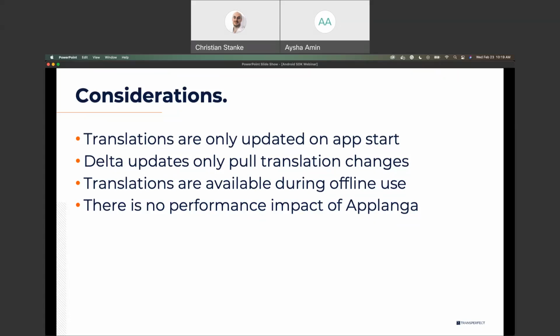To further explain what I mean, translation updates only happen during the startup phase, showing the splash screen, but not while the app is actually actively running. There is a minimal time frame for updates because the SDK is only updating the translation changes or delta updates, not all of the translated text.